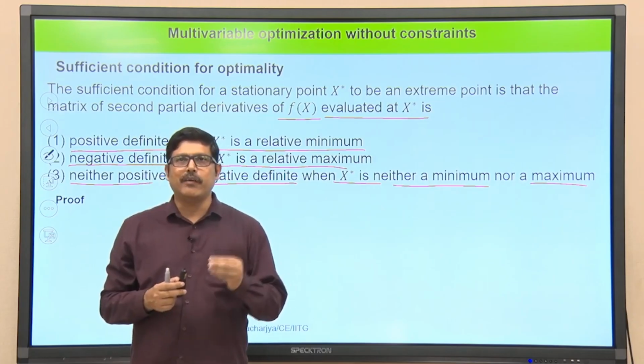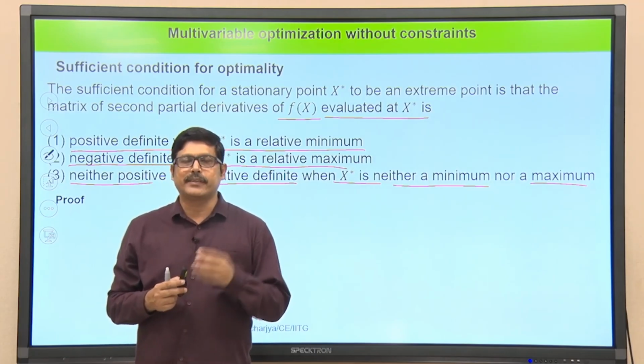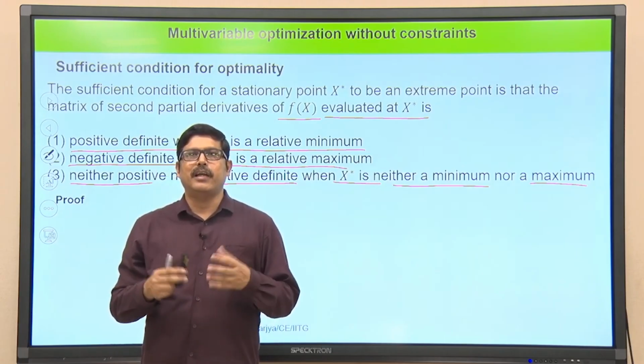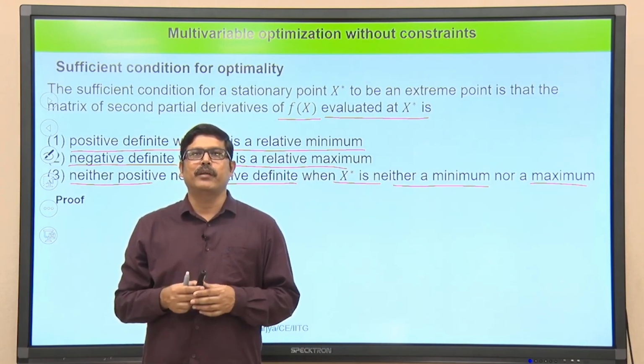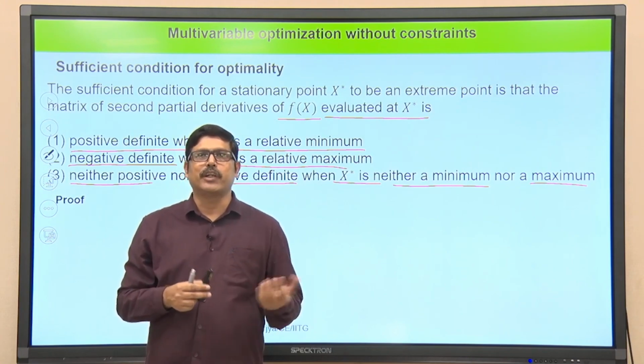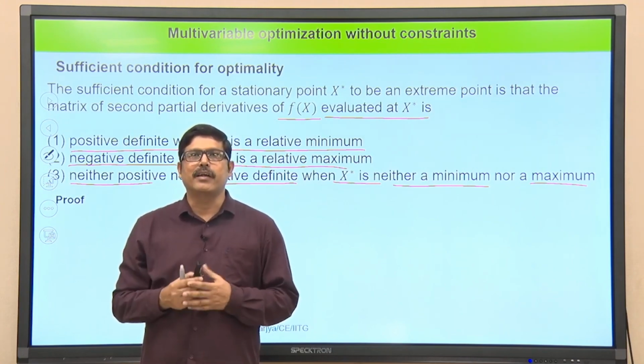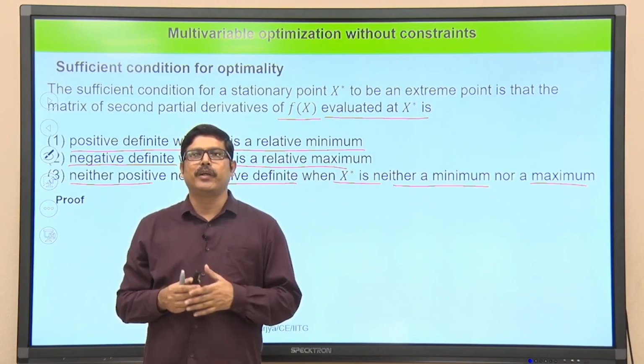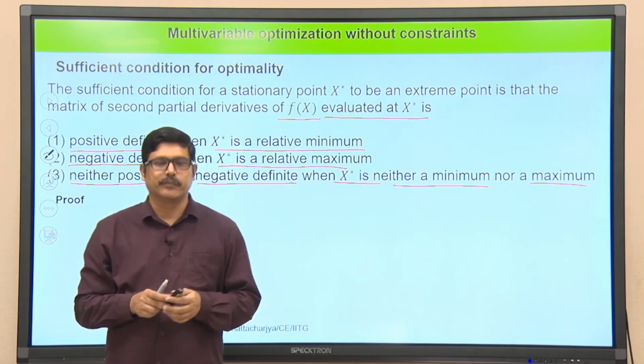I will evaluate that matrix at x equal to x star. If the matrix is positive definite, then x star is a minimum point. If the matrix is negative definite, the point is a maximum point. If the matrix is neither positive nor negative definite, then x star is neither maxima nor minima, it is a saddle point.